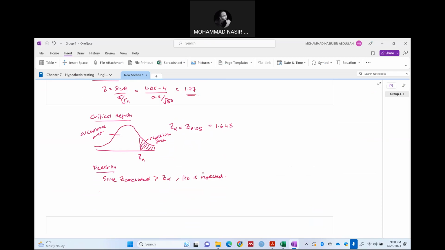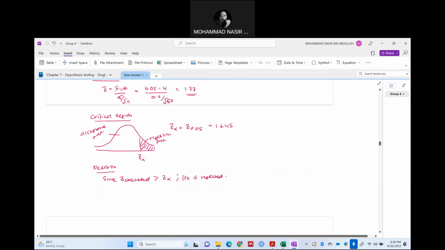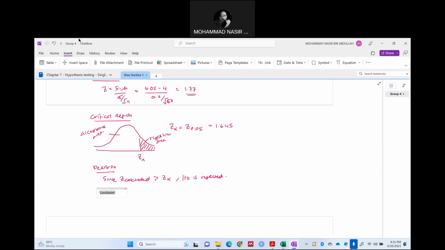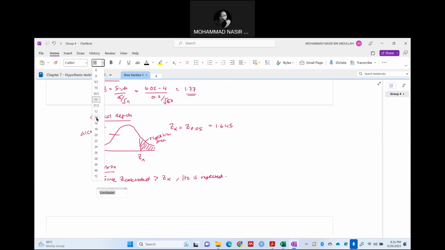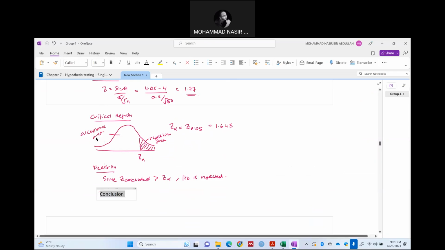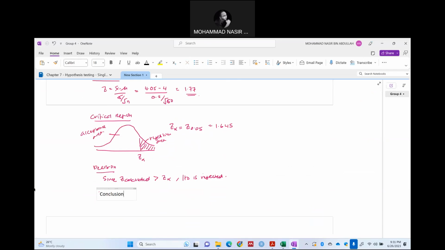So then we make a conclusion based on the accepted hypothesis. So we reject the null hypothesis, we accept the alternative hypothesis. So there is sufficient evidence to conclude that the mean battery life exceeds 4 hours.